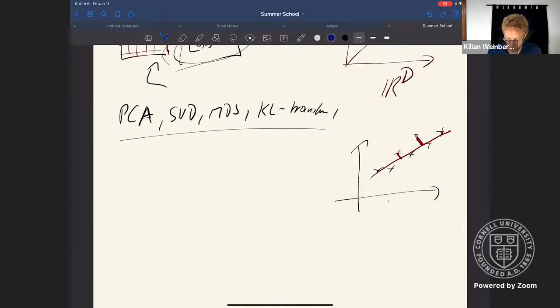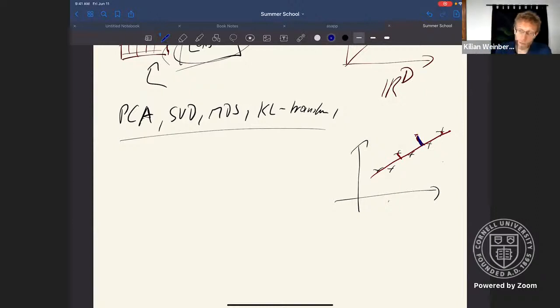Whereas PCA says we're in some high dimensional space, we have some hyperplane, and we minimize the projection error. So it's not exactly the same algorithm. And there's also an information theoretic derivation that, again, leads you to the same algorithm.